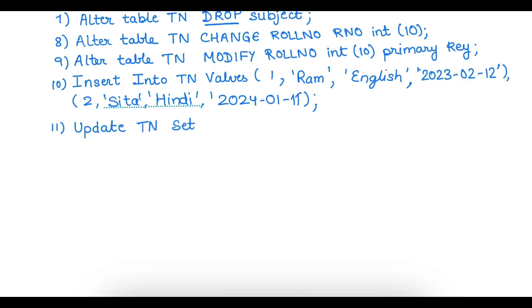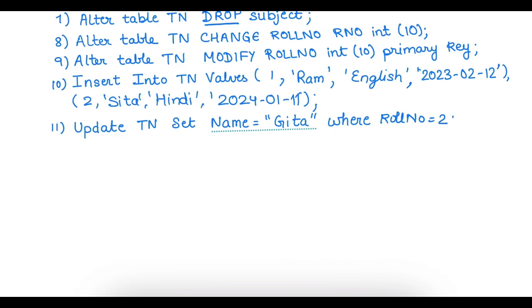Suppose I want to change the name, so set name is equal to Geeta, where. Now I have to put here a condition using where clause, where roll number is equal to 2. It means it will replace the name Sita with Geeta, where the roll number is 2.